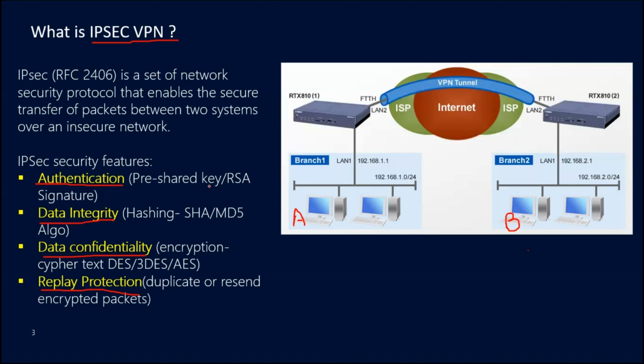We have 2 kinds through which we can do the authentication. First is PSK, the pre-shared key. A pre-shared key is nothing but a password. You generate a password at the A end, and that same password should be there on the B end. Then only your data would be authenticated. Second is the RSA signature, which is basically a medium to authenticate.